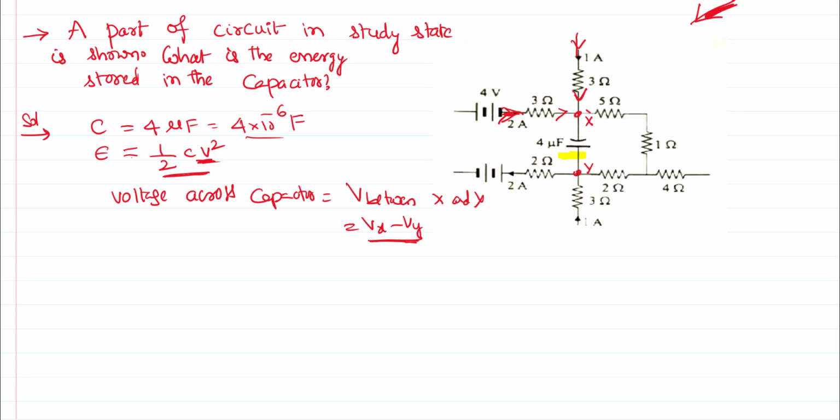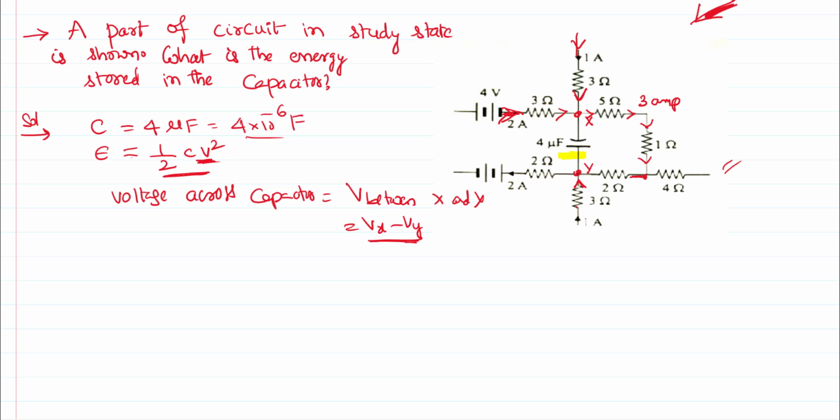The 3 amperes will come up to here, and after reaching this point it cannot travel this way because this is an open circuit, so it will travel this way.